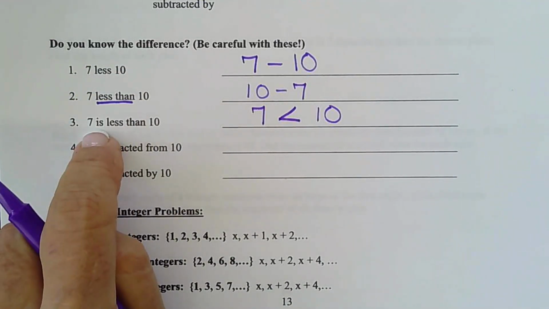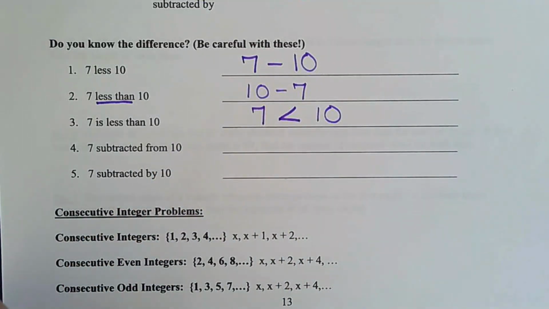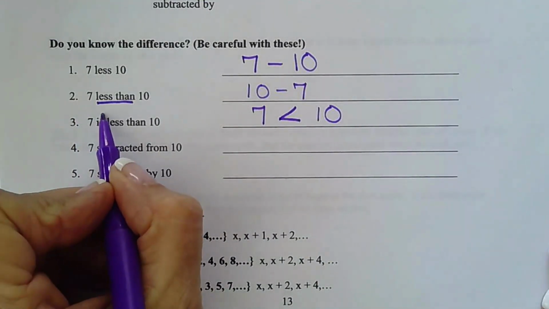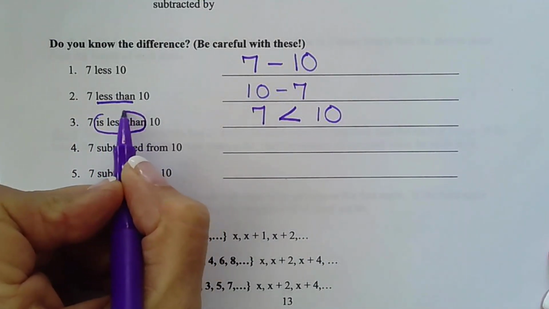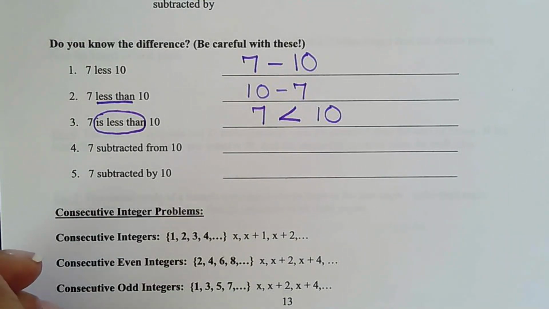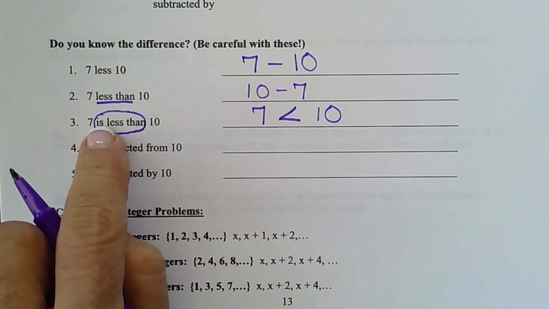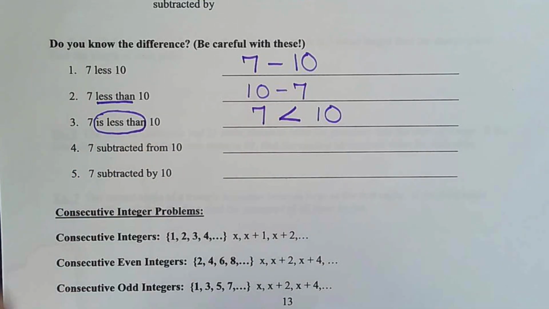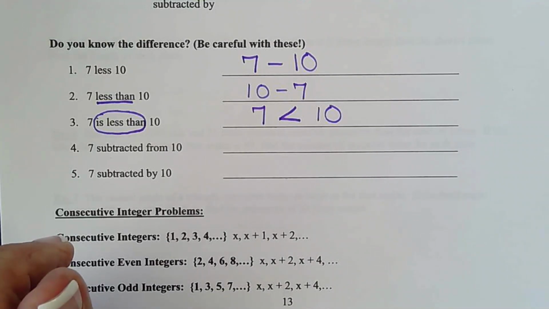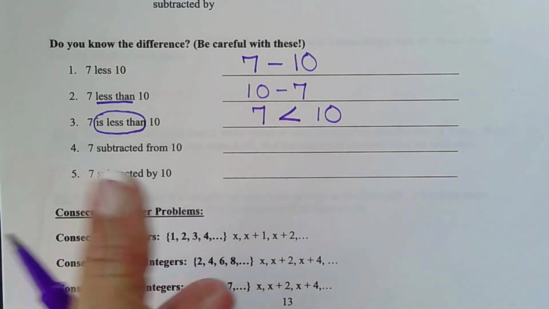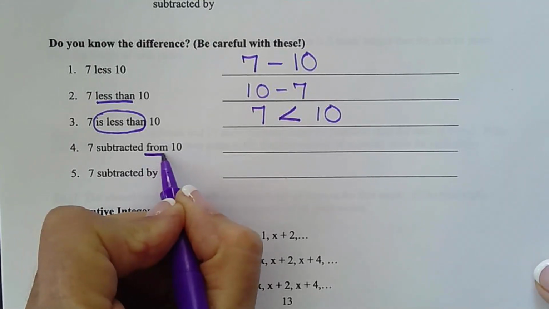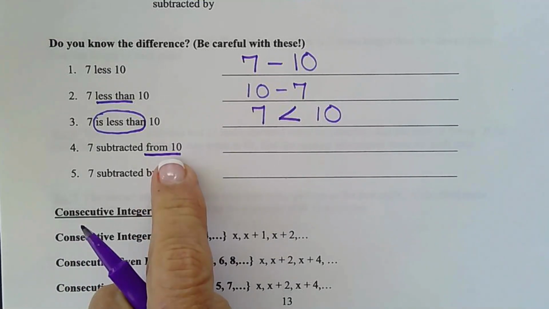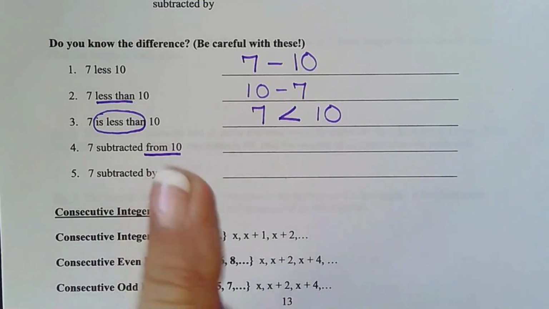Here they added the word is, and look how different they are. So 7 is less than, or is more than, or is greater than, always means an inequality as long as there's no interruption in those 3 words. They have to be all in a row. So 7 is less than 10. Here's that from. We practiced quite a few of those in the last lesson. So that means 10 has to be listed first.